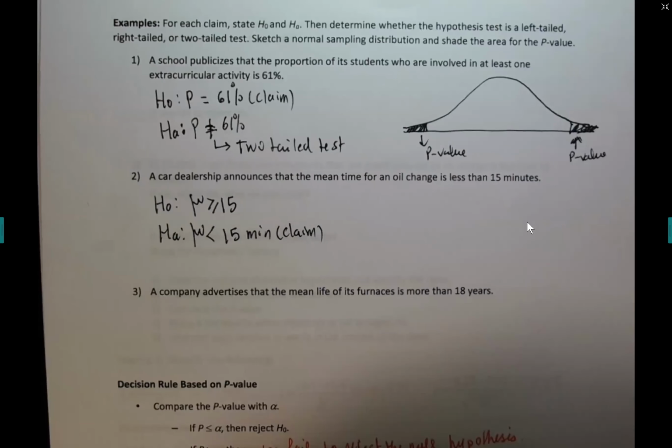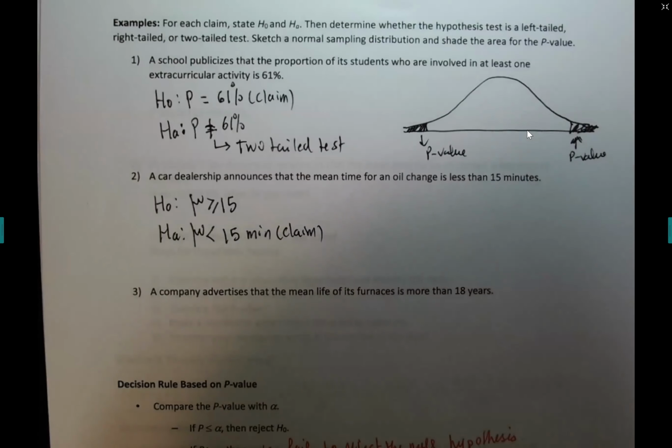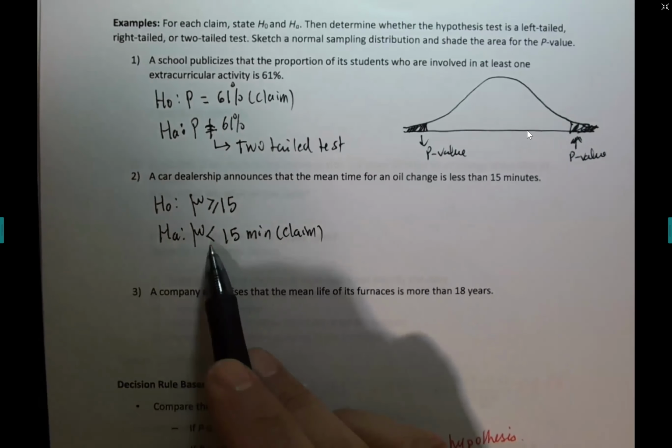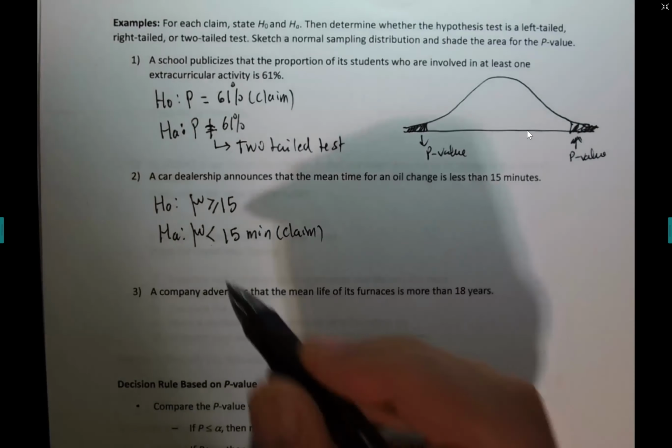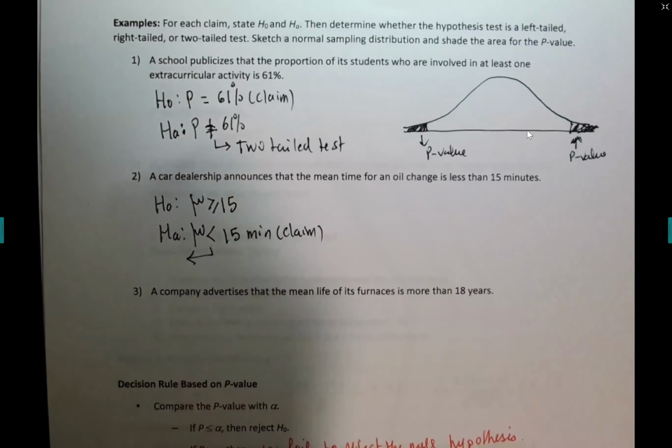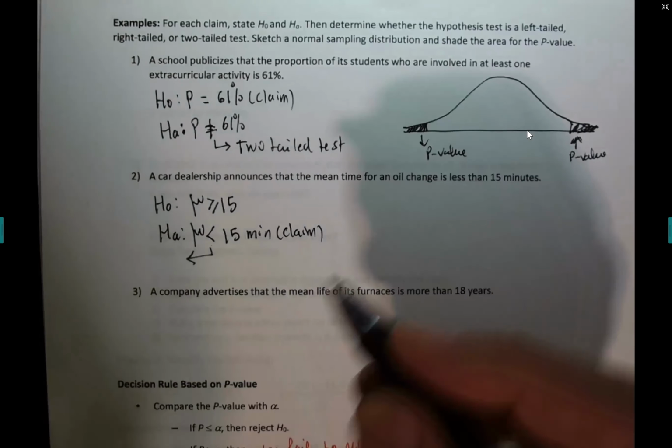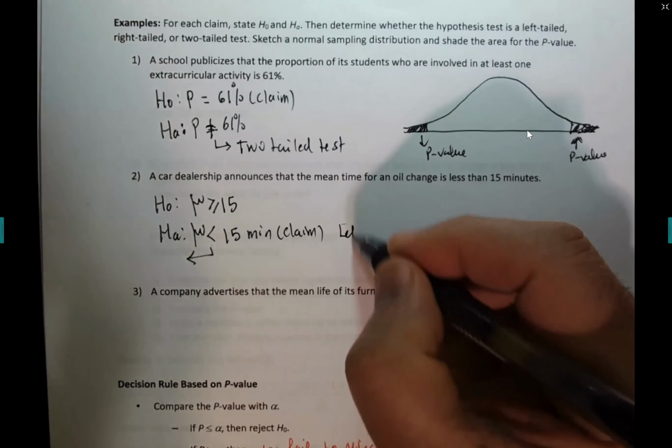What do you guys think? One tail. Left or right? If it is one, it has to be left or right. This is less than. Less than, we're going toward what, the left or the right, guys? Yeah, that's a left tail test.